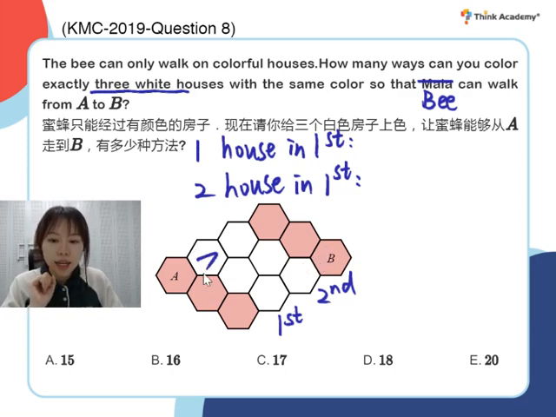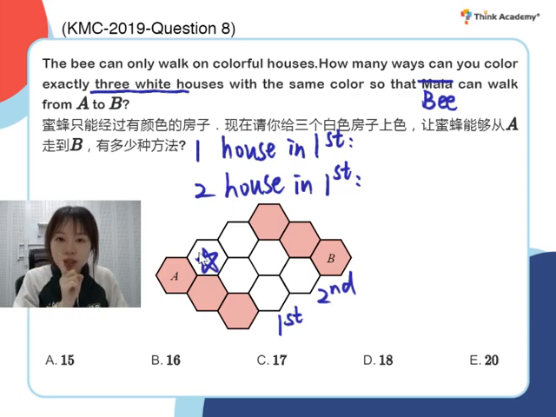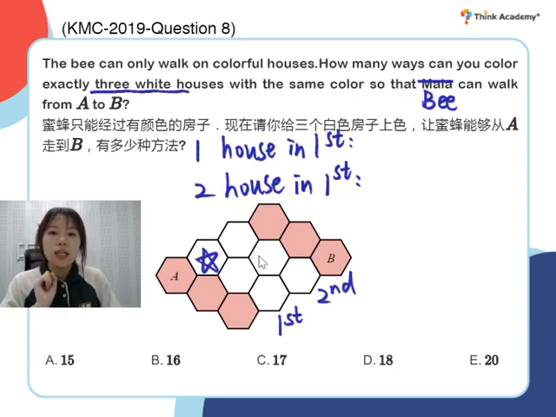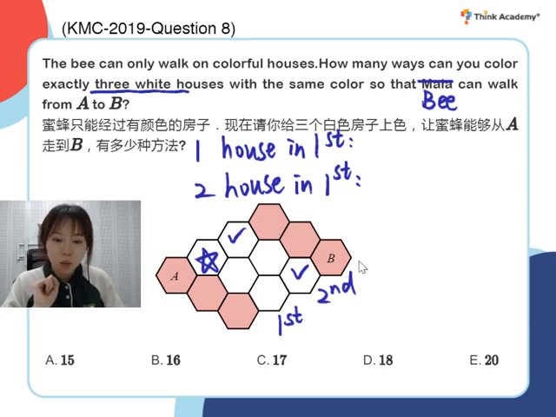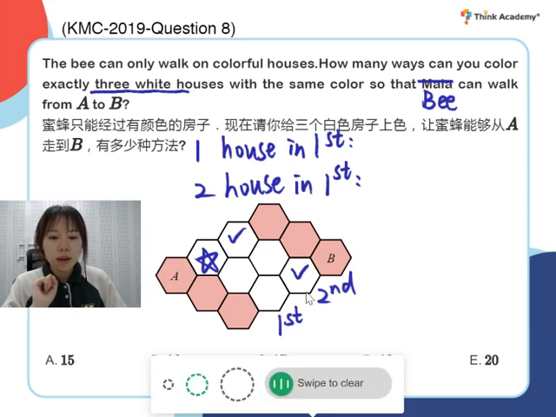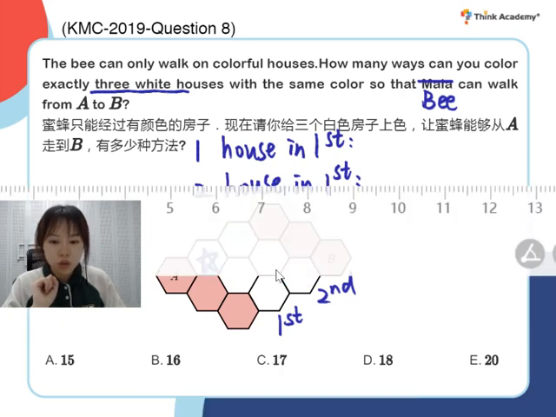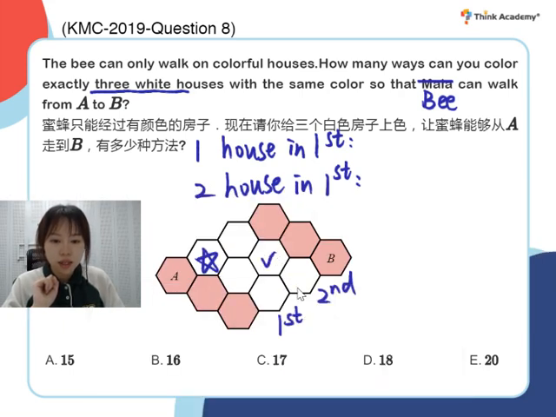Here, if we color this house in the first layer, let's try to list the possible situations. I can color this two. Okay, they are connected with each other and we can go to B. So that's one situation. What about if I color this two? Possible? Yeah, it's possible. What about this two?